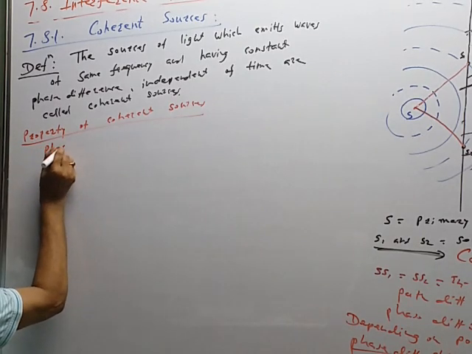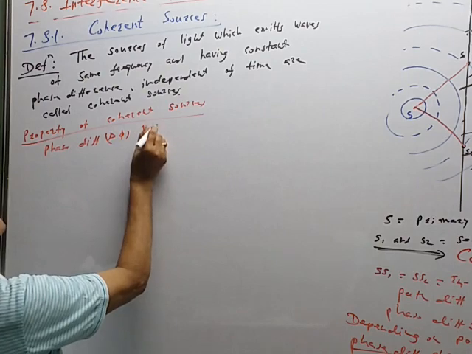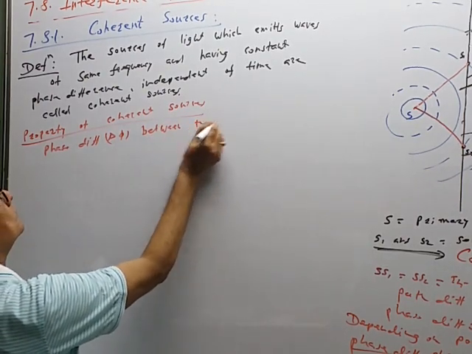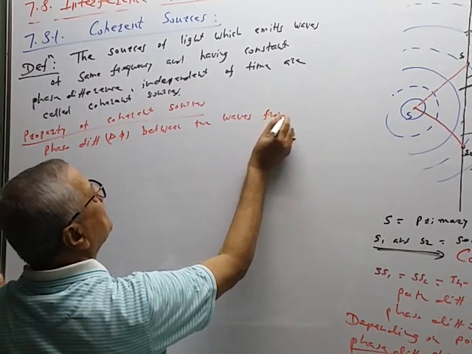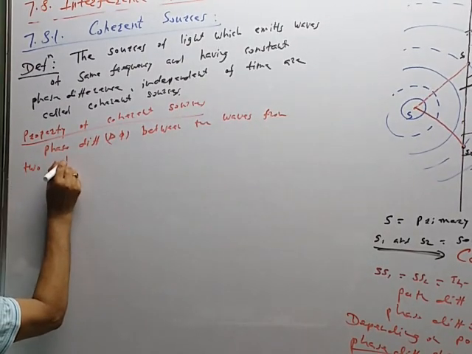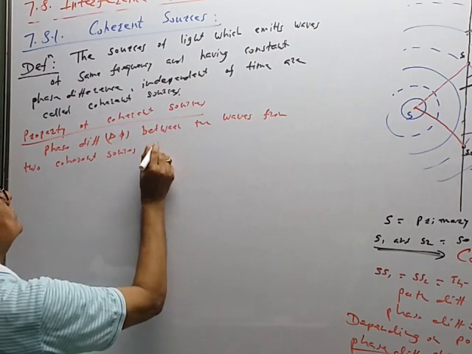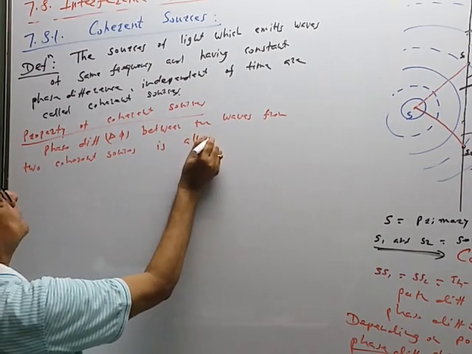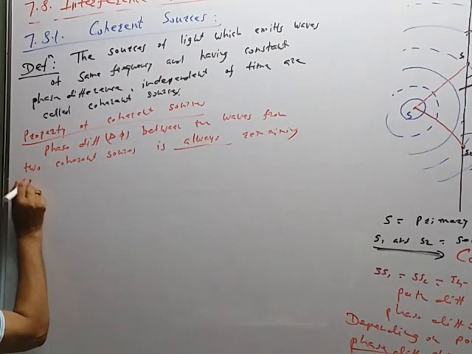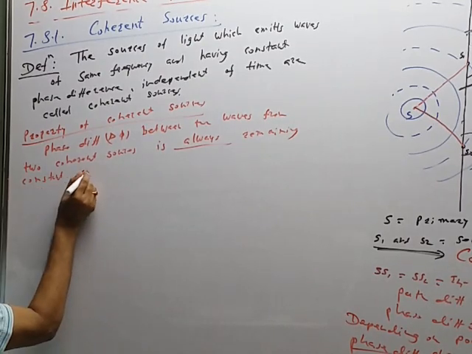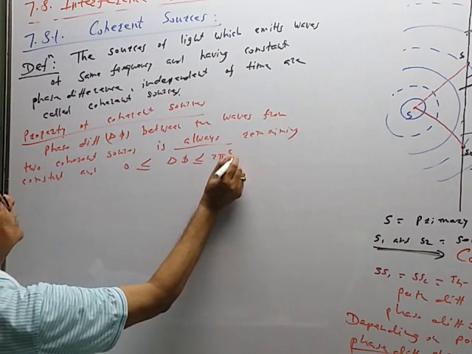Phase difference delta phi between the waves from two coherent sources is always remaining constant, and 0 is less than or equal to delta phi less than or equal to 2 pi radian, like this.